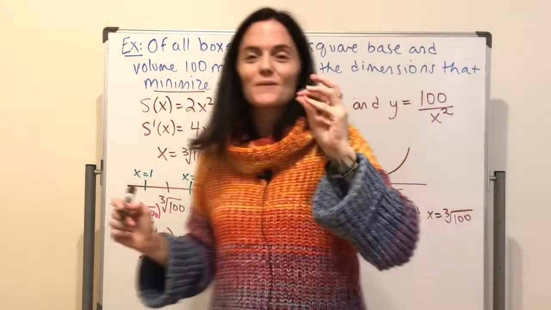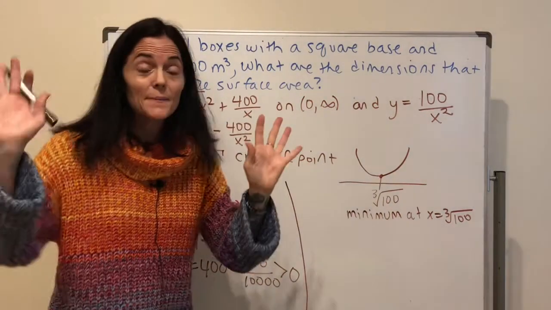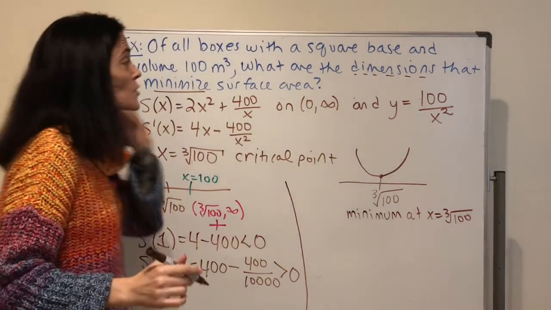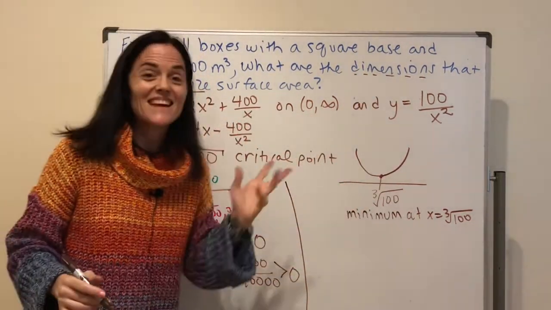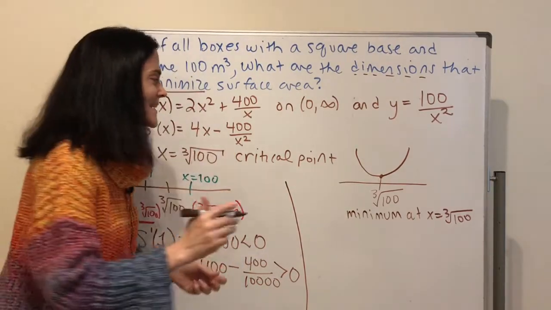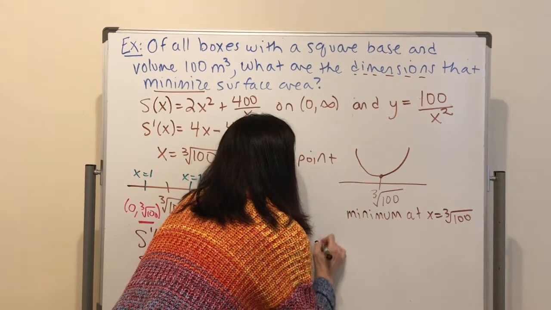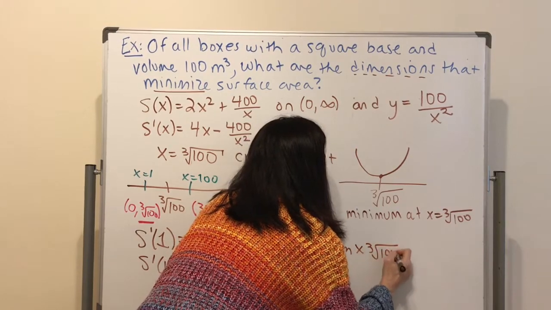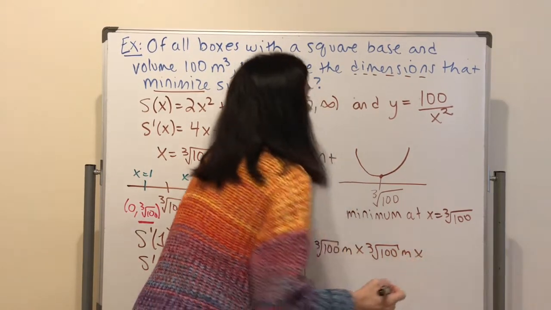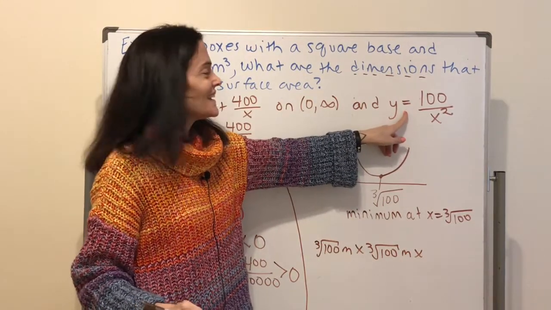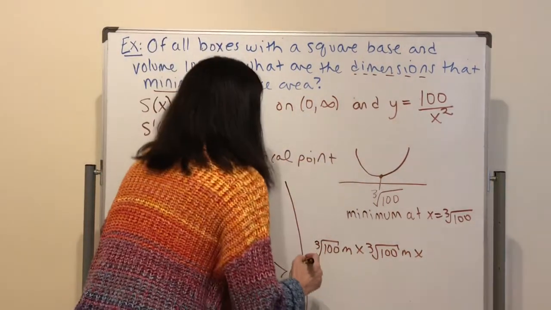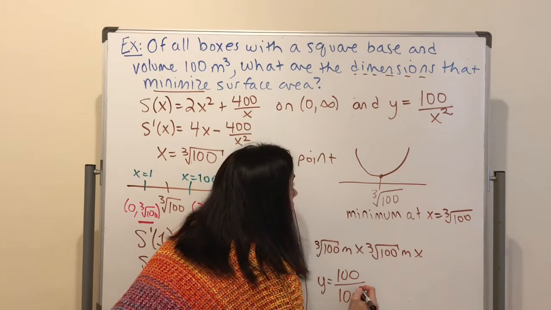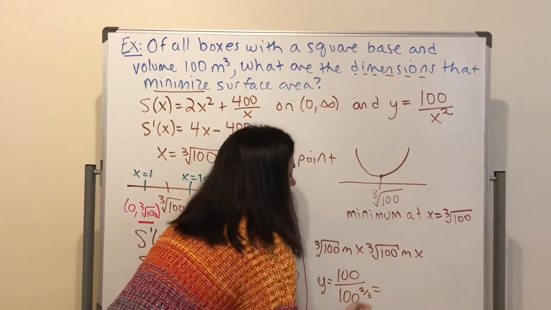Now, we go back, we read the last part of the question. What are the dimensions? This is what we want to report back, the dimensions. Okay, if you remember, and my box was here, but it's erased now, it was x by y. So the dimensions are cube root of 100 meters by cube root of 100 meters by, well, y here is 100 divided by 100 to the 2/3, which is properties of exponents.